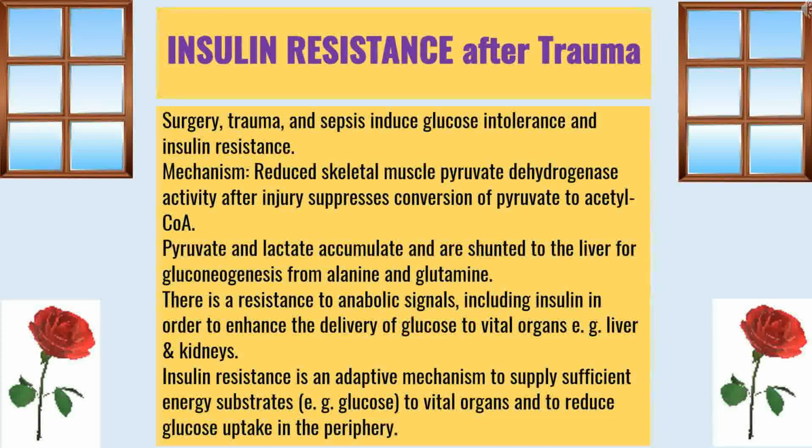The liver gluconeogenesis arises primarily from alanine and glutamine catabolism and provides a ready fuel source for the nervous system, wounds, and erythrocytes, which do not require insulin for glucose transport.